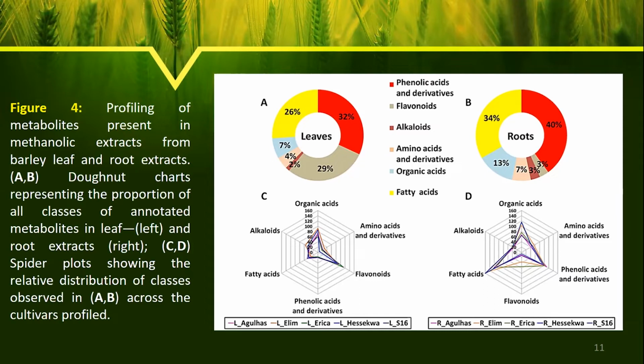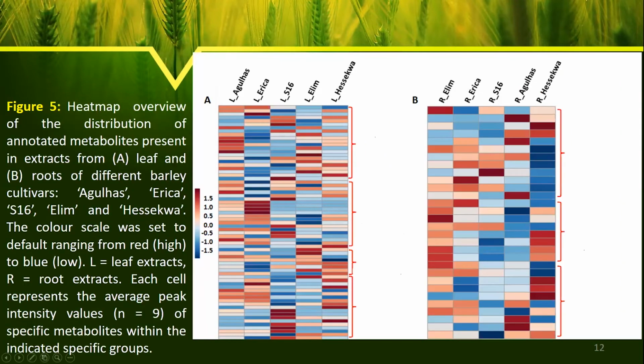In addition to differences observed between plant tissues, it was also possible to depict differences across these classes of metabolites across cultivars. In leaf extract, for instance, phenolic acids, organic acids, amino acids, and alkaloids were more prominent in Elim as compared to Agulhas.